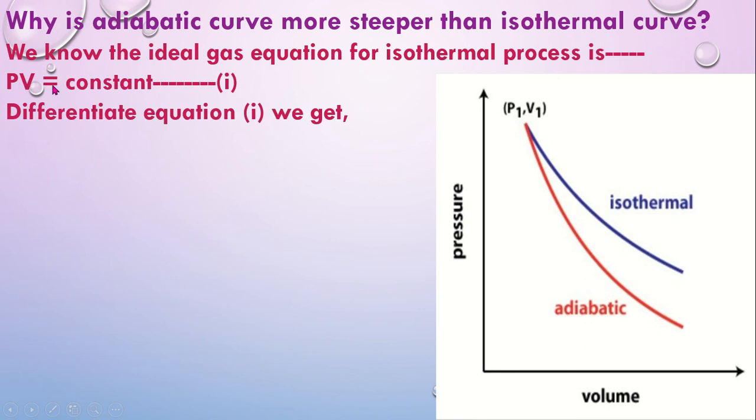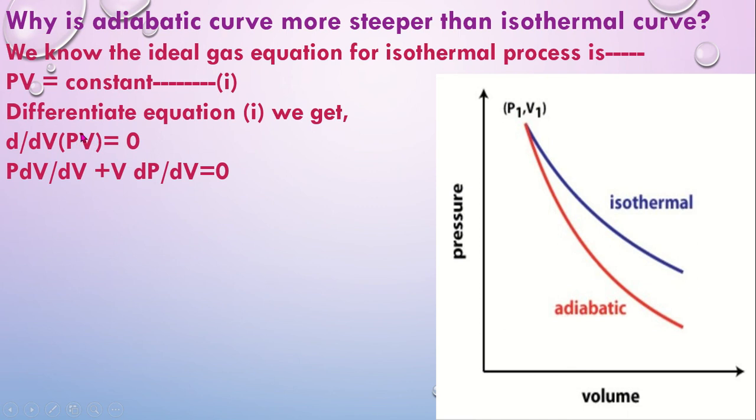Now we will differentiate this equation, equation 1, with respect to volume. So d by dV of PV equal to 0, because if we differentiate any constant, then that becomes 0. Here P and V, that means pressure and volume, are used in multiplied form. So in case of multiplication, the differentiation rule will be like this.